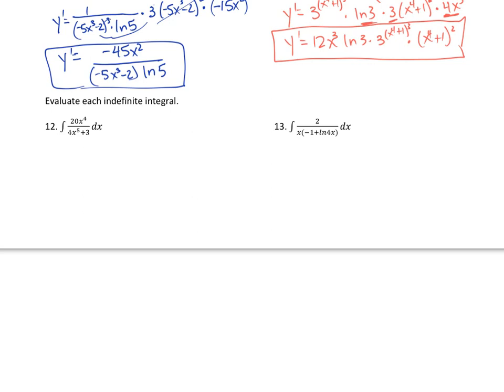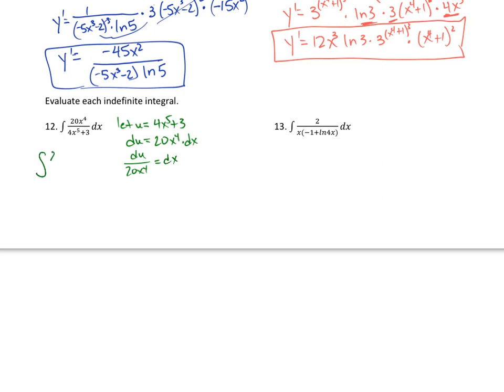For this first one though, let's go ahead and let u equal this 4x to the fifth plus 3 and see what happens. We'll use a substitution rule here, and again, if I pick the wrong one, we have to redo it. So du equals 20x to the fourth times dx, which tells me that du over 20x to the fourth is what my dx is going to be.